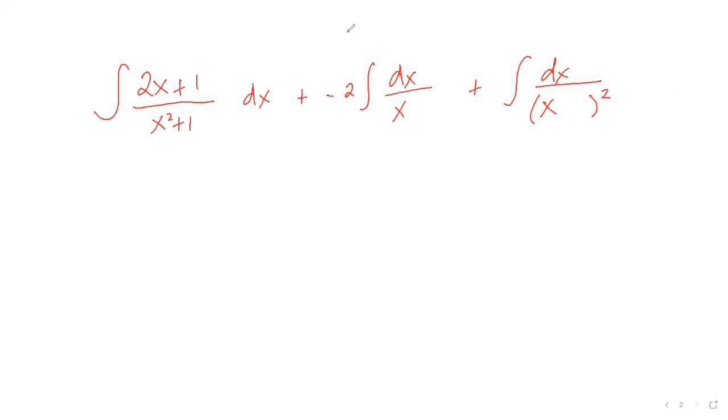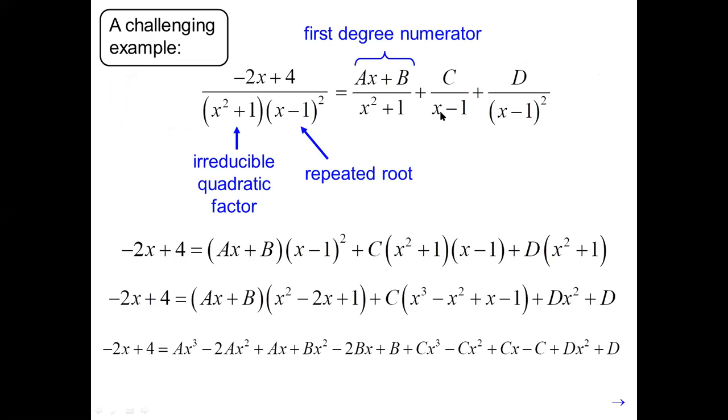Okay? Now, I'll go back to the slide to see what are the fractions that I have here. I can recall this one as x squared plus 1, but the other two I cannot. So we'll check. So x squared plus 1 has ax plus b, a linear factor in itself, a first degree numerator, and this one is x minus 1 and x minus 1 quantity squared.